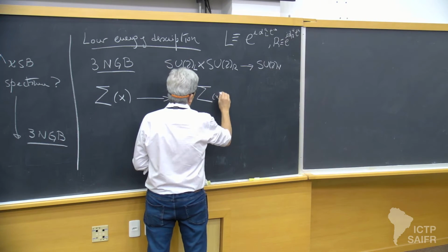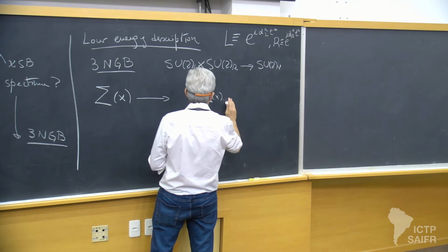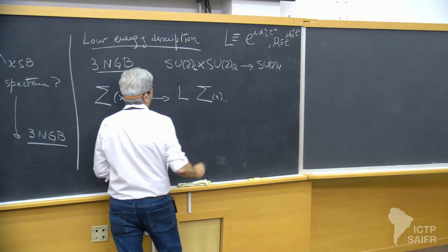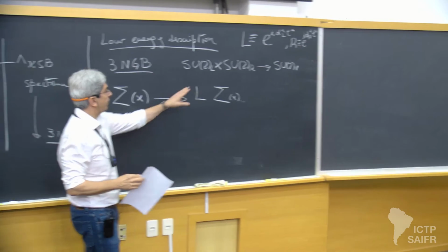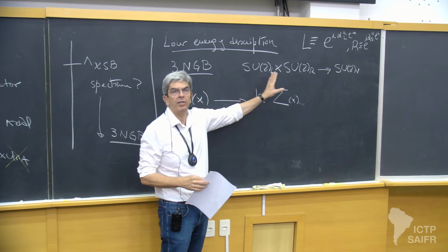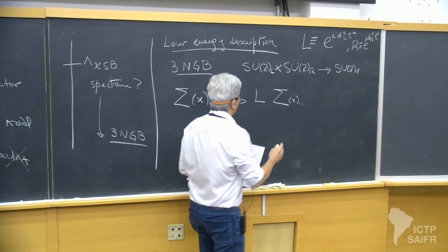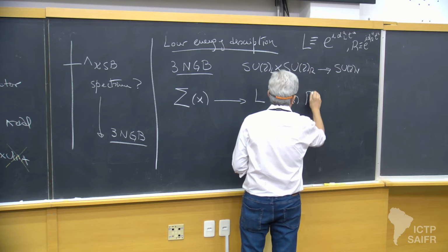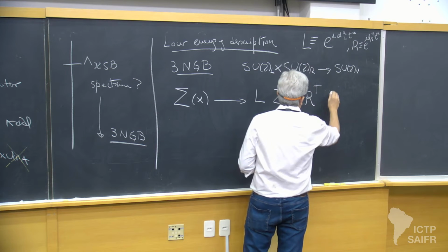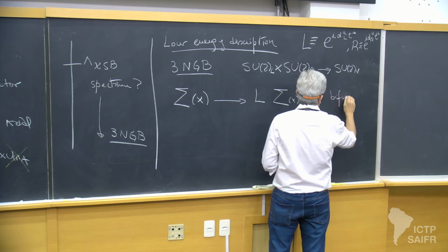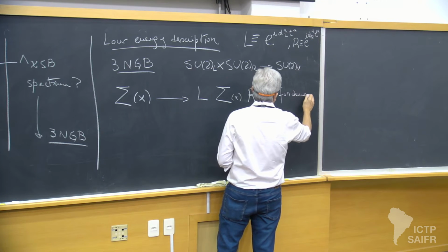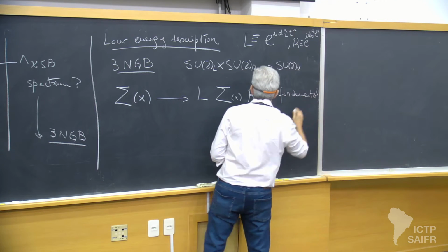So sigma of x should transform as L if this was the only symmetry, but there is also the right symmetry, so it should transform as a bifundamental, not as a fundamental.